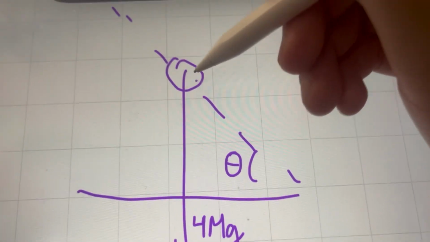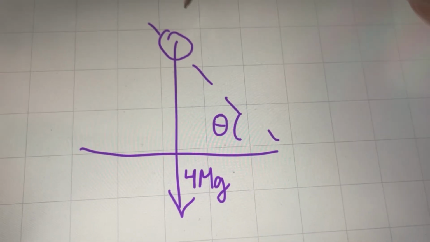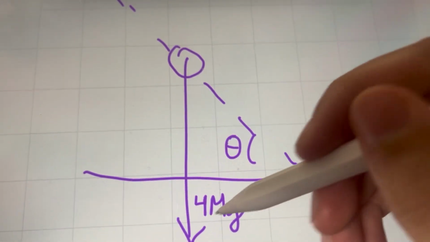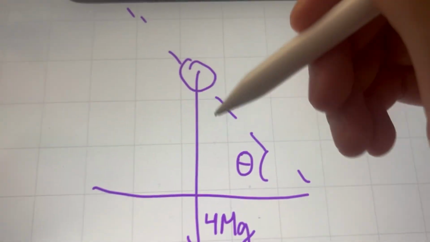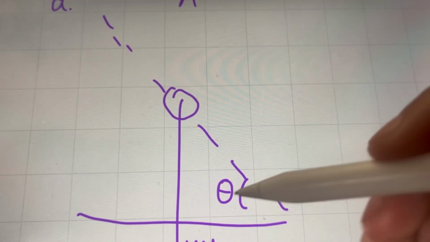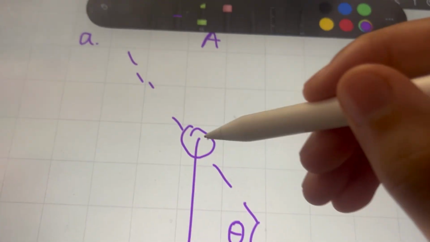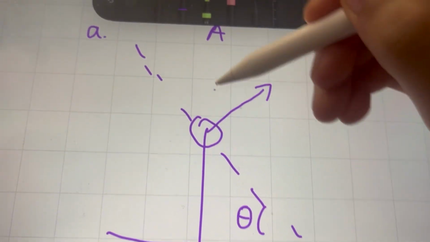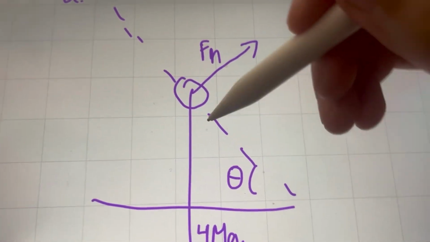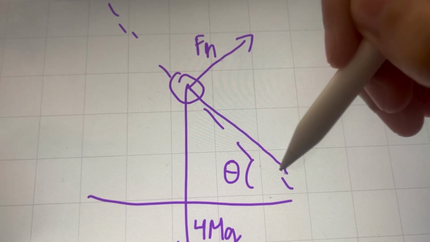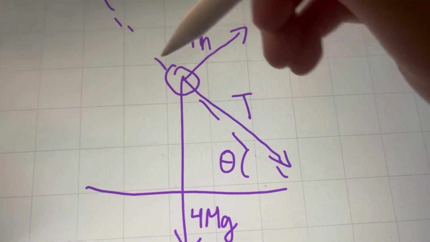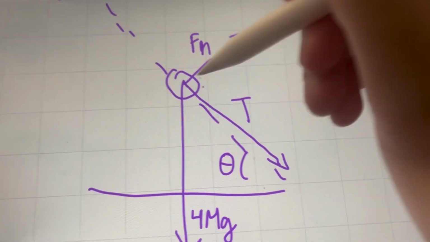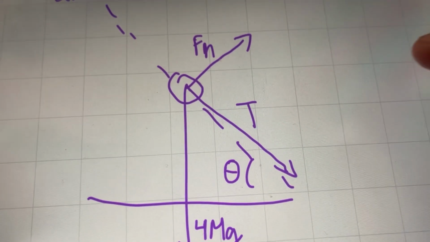Gravity is pushing it in this downward motion, and the block also has a normal force, and this block also has a tension that's pulling on block A towards this direction.